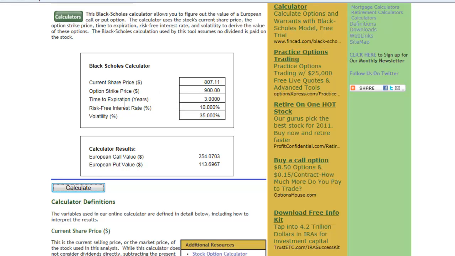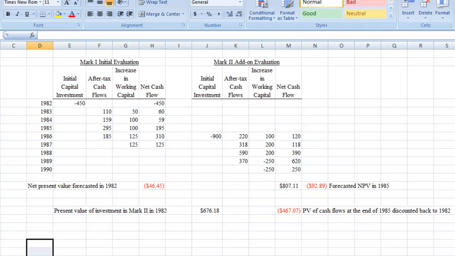So what we need to know is the potential value of the second add-on cash stream. And here we calculated the present value as of 1986. And if we want to take it back to the start, all the way back to 1982, we did that down here.